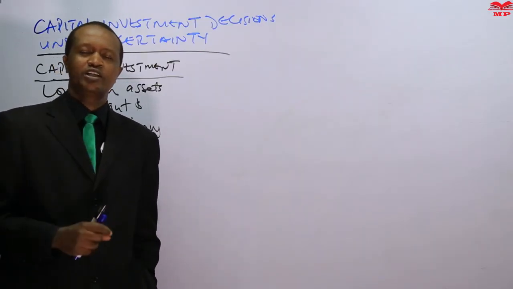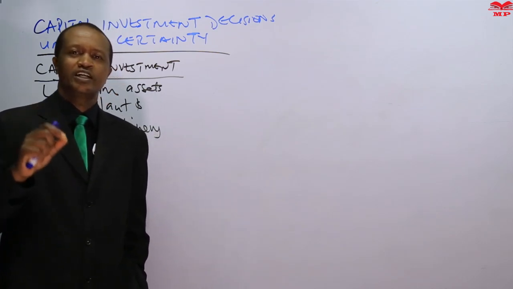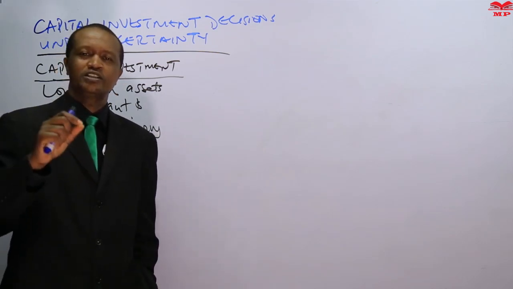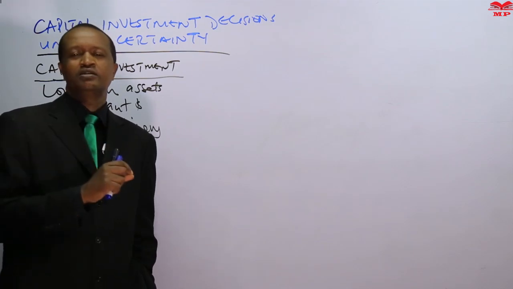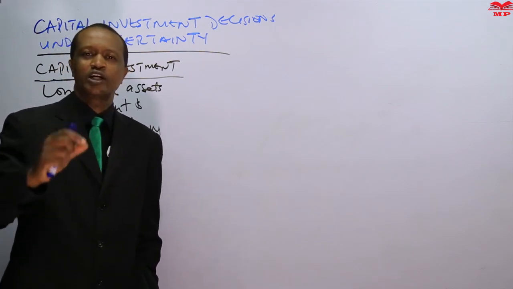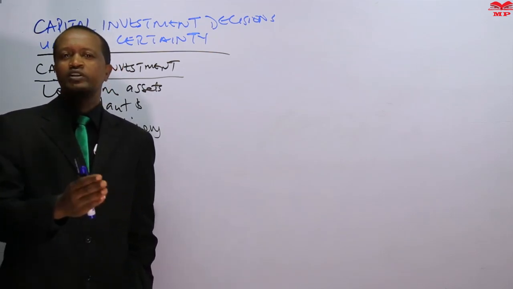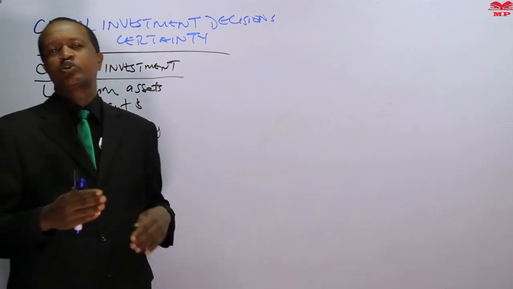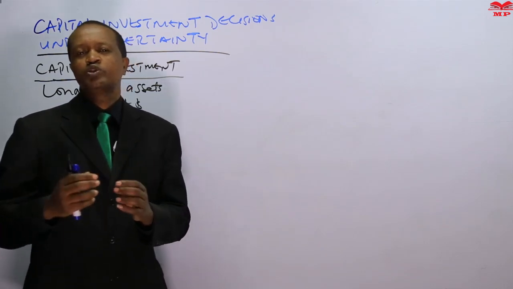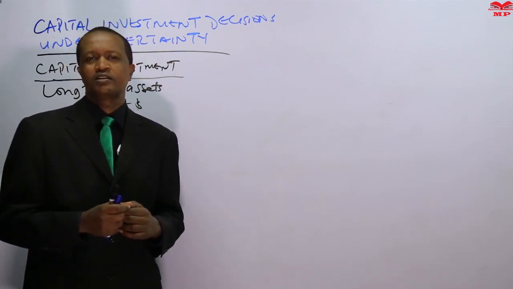Because again, I remind you, financial resources are generally limited. Organizations do not have unlimited financial resources. But on the other hand, an organization may have many opportunities that it may undertake.